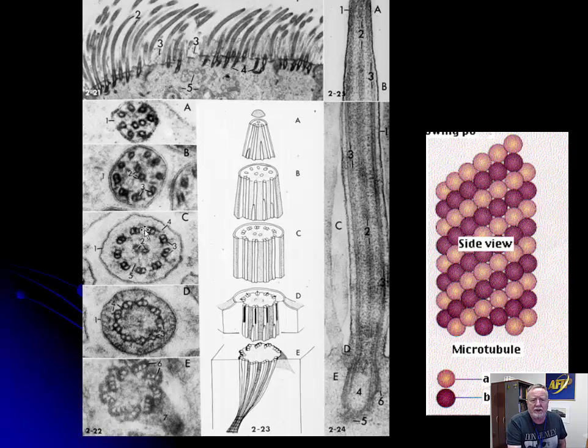The 9+2 arrangement of the dynein arms is similar whether you're looking at a cilium from a protozoan like a flagellate or a ciliate, or whether you're looking at the respiratory cilia of a human being. It's the same pattern over and over, 9 outer doublets, 2 inner singlets, and we're just looking here at multiple cross sections through the same cilium.